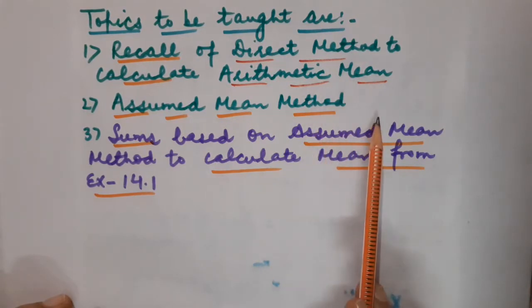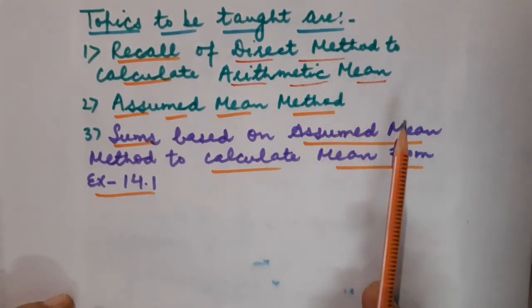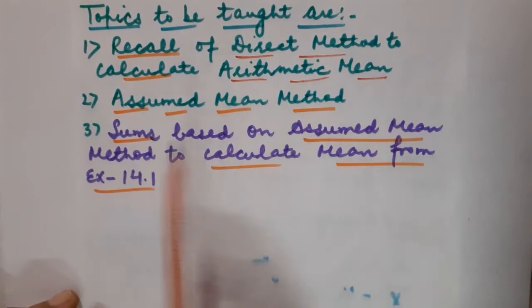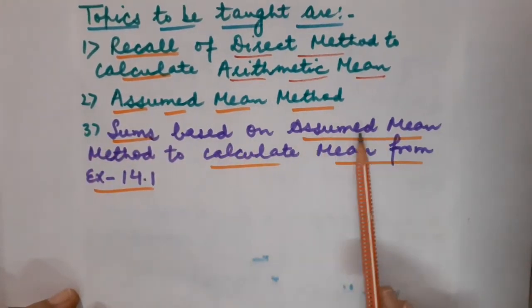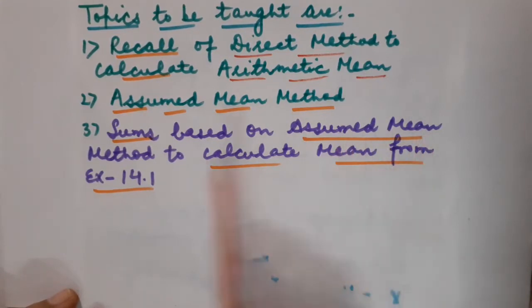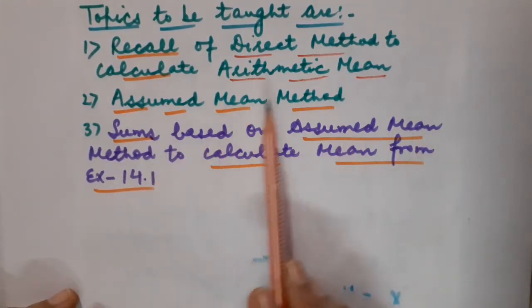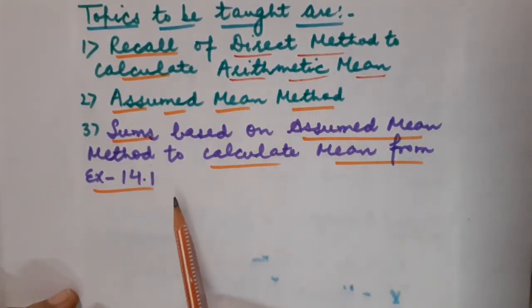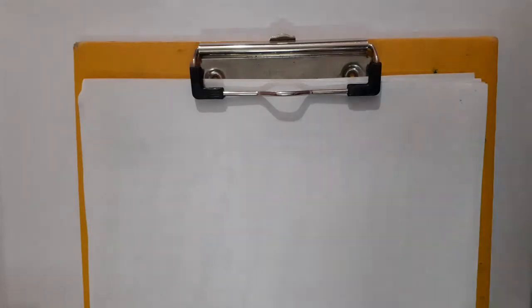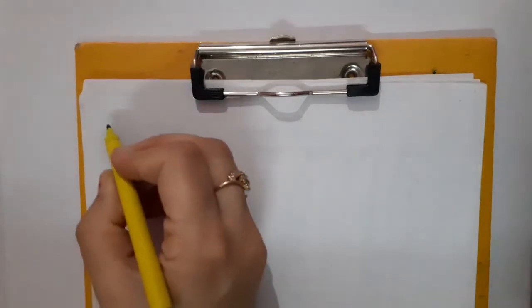And the next method is step deviation, which will be taught in upcoming videos. Okay. So after that, I will be taking some sums in which how to apply assumed mean method to calculate arithmetic mean will be explained from exercise 14.1. Got it, students? So children, let us start today's lecture.